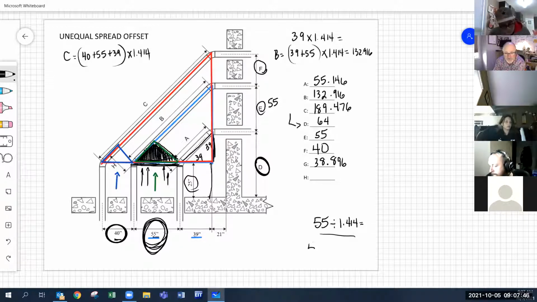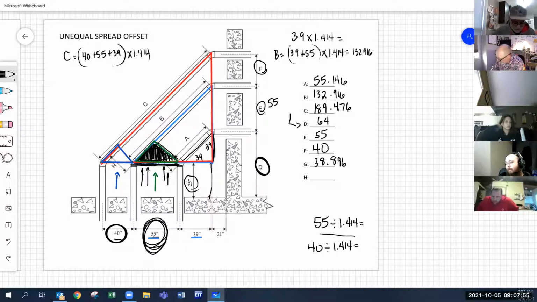So I'm going to take 40 and I will divide it by 1.414 to get the spread across those two pieces of pipe. And that's 28.28 is the measurement right here across those two pipes, right in there. That's 28.28.